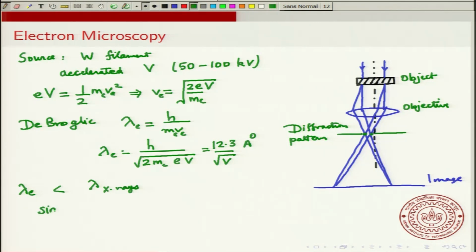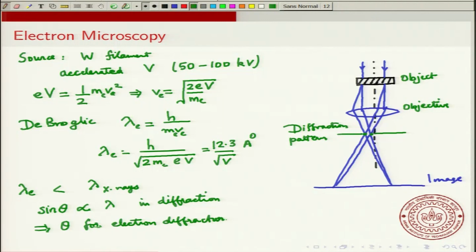If the wavelength is less, then because sin theta, the scattering angle, is proportional to lambda in diffraction, this implies that theta for electron diffraction is smaller than for X-ray diffraction.